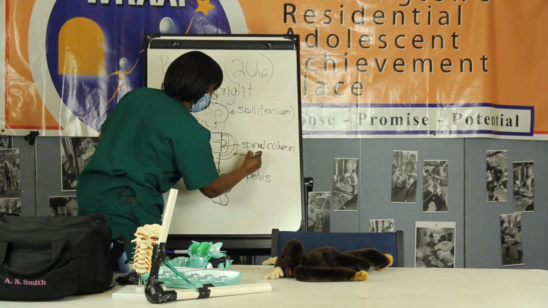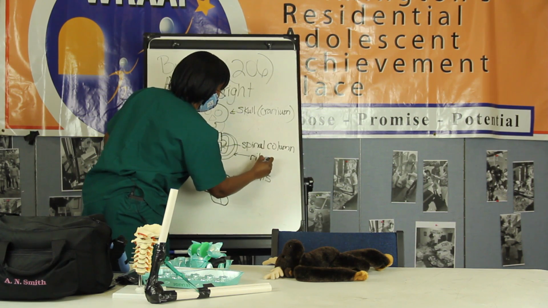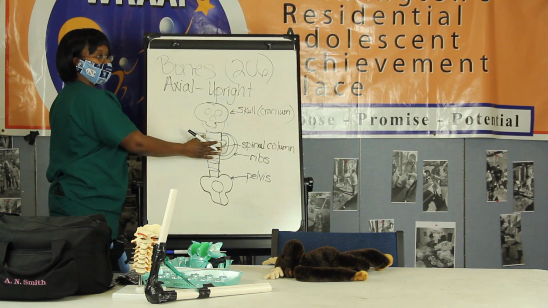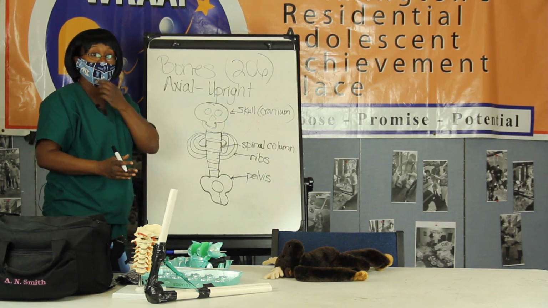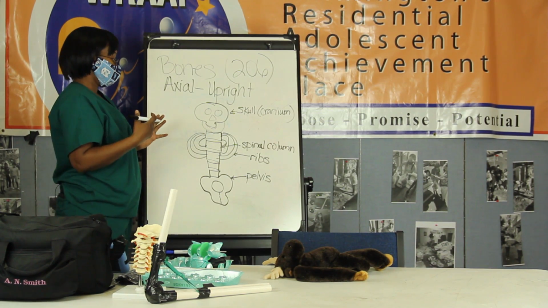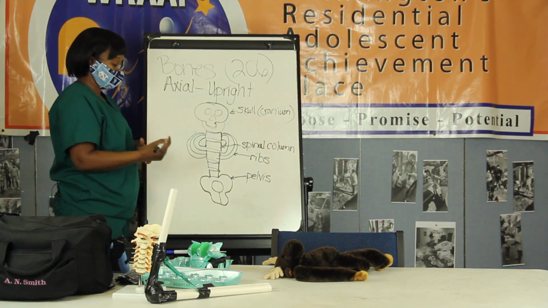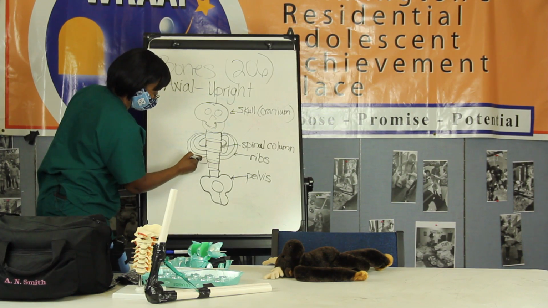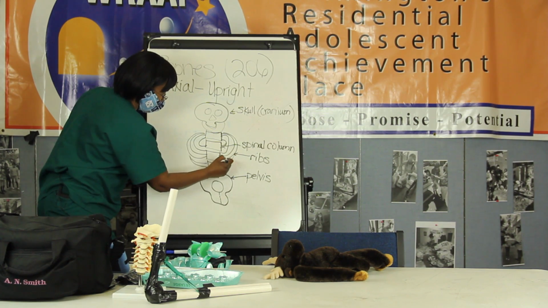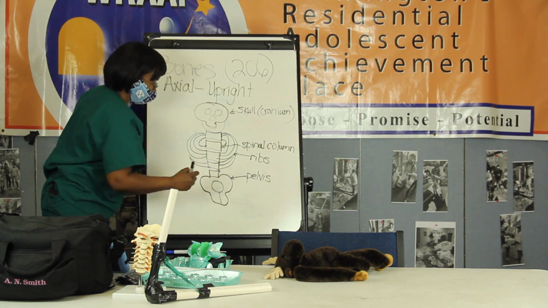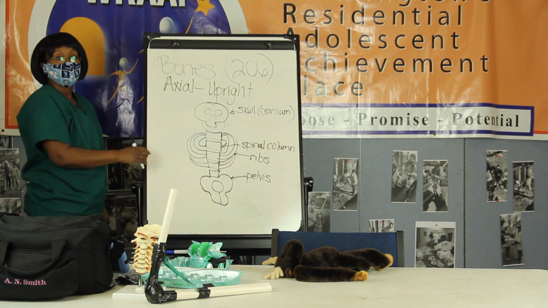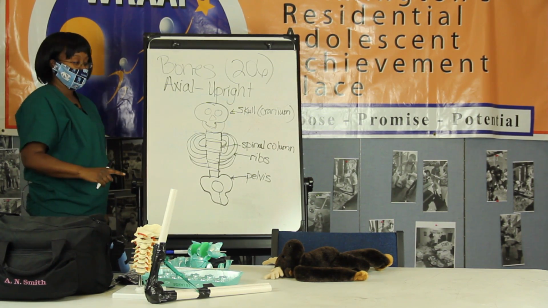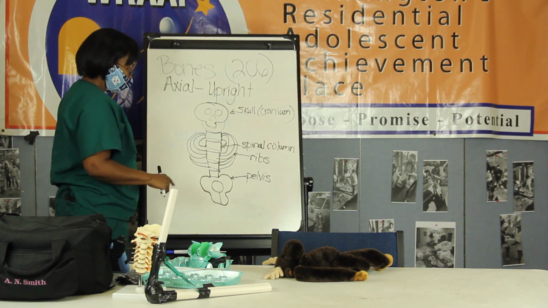Okay, and the ribs protect the soft organs inside, the very important organs like your heart, your lungs, your kidneys. They come down kind of far so they can get your kidneys in there, your liver, your spleen, your gallbladder, all those organs that we need. That's your axial skeleton.